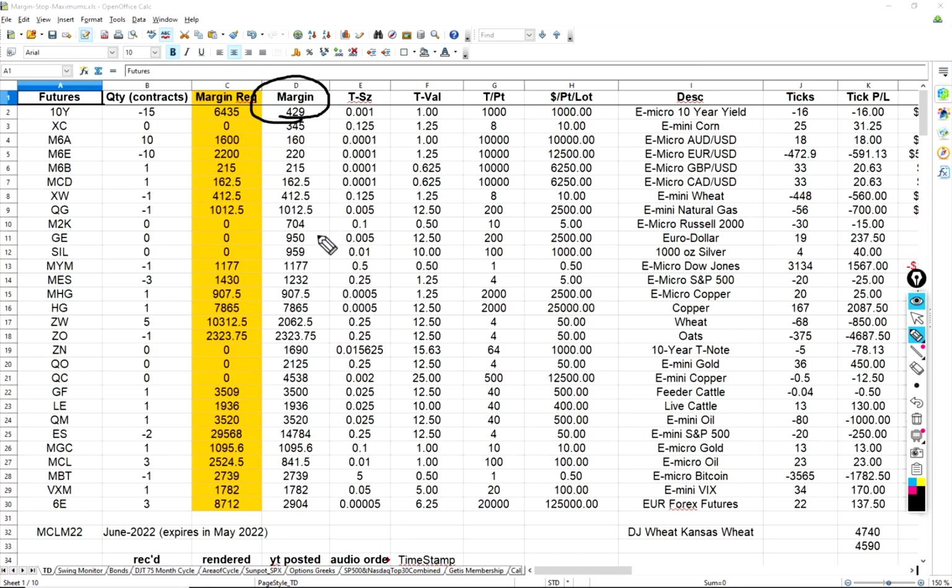Initial, like beginning. So you get a hold of your broker or look online. My broker shows it on the software, the initial margin requirement to trade one contract. And then you just multiply by the number of contracts you're going to trade. And that's going to help you begin to figure out what you can and can't trade for what products.